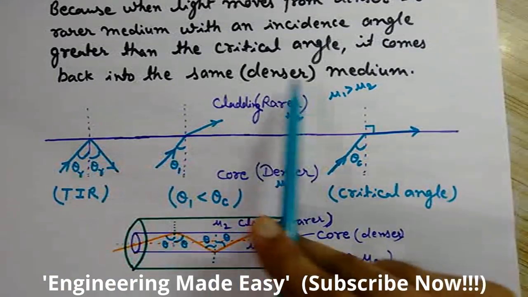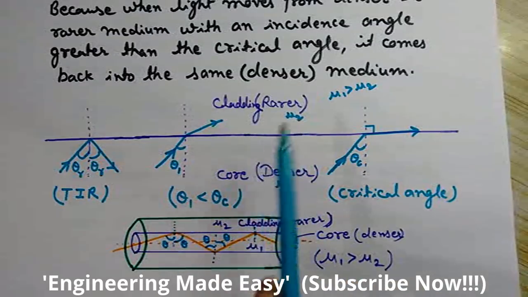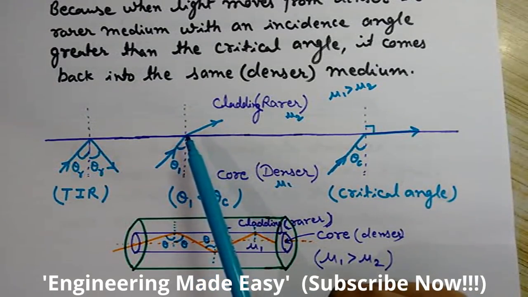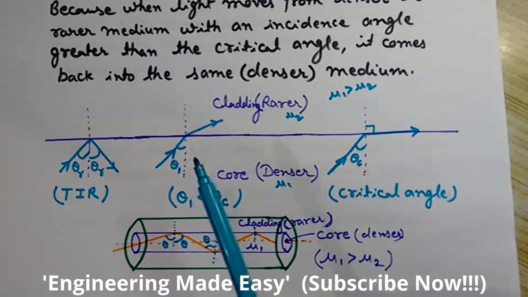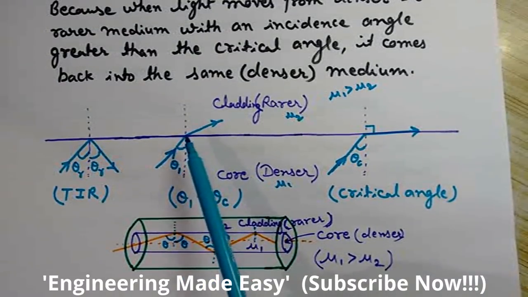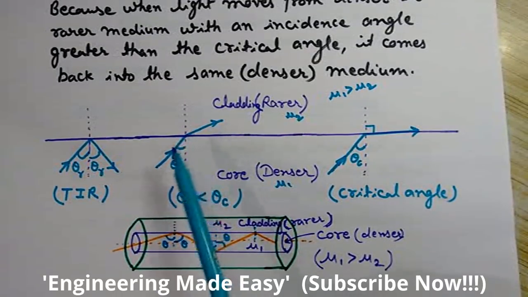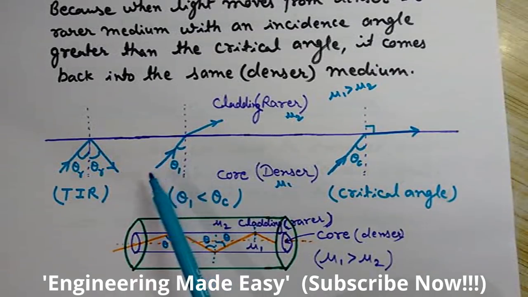Suppose the cladding is the rarer medium having mu2 and the core has mu1. When the light ray moves from the core to the cladding, refraction takes place at the interface, where the refractive index or density of the medium changes.